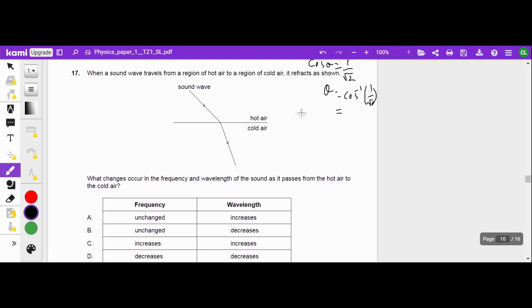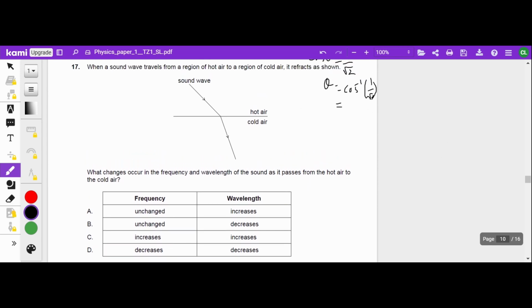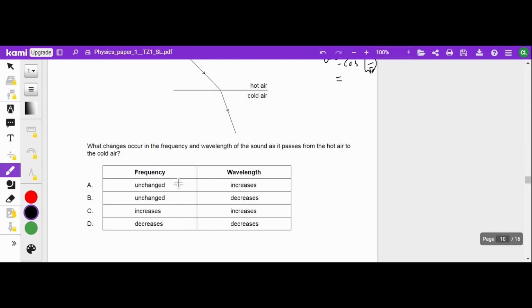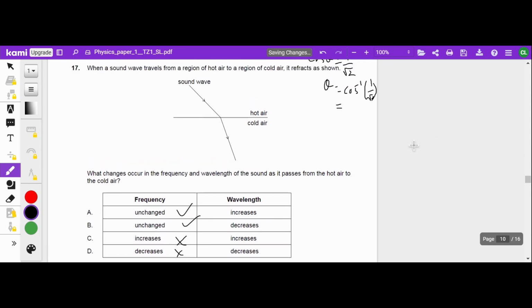Well, when it comes to refraction, frequency is unchanged. And cold air is likely harder to pass through because the molecules are more closely packed, so it makes it harder.